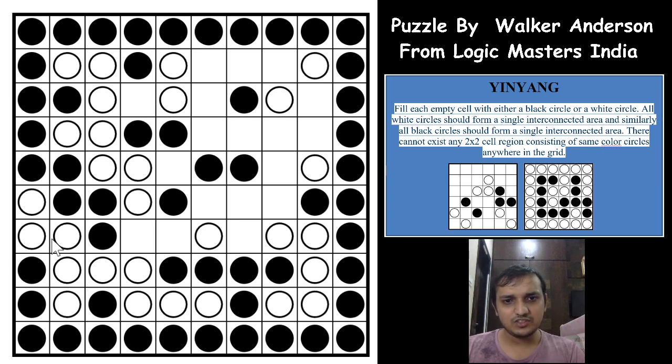Again if you see this area, this white area has to come out this way, right? What a great puzzle this is, really enjoying the puzzle. Let us see where we can continue the puzzle.